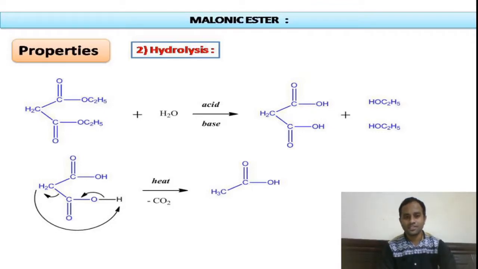In the first step, the ester underwent hydrolysis to give carboxylic acid as well as ethanol as the side product. This formed dicarboxylic acid has two carboxylic acid groups present on the same carbon.